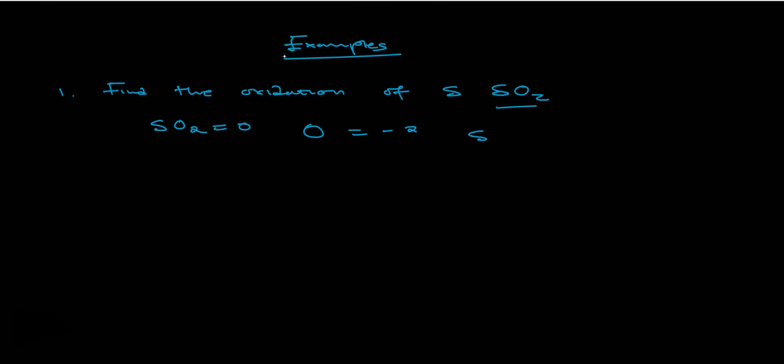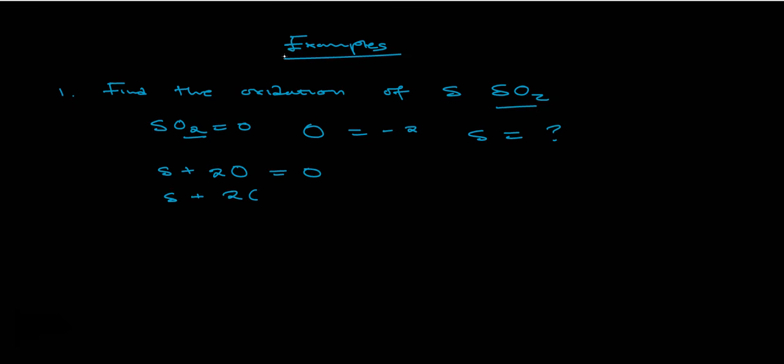So we are looking for sulfur, which we don't know. Since this is a compound and it is equal to 0, we are going to split this. We say S plus 2 atoms of oxygen, so S + 2(O) = 0.